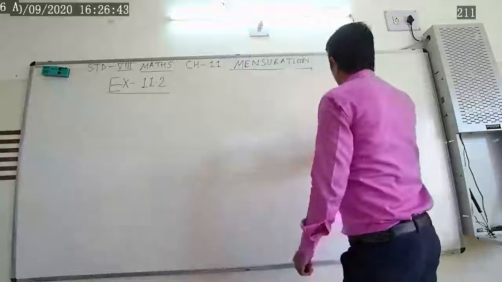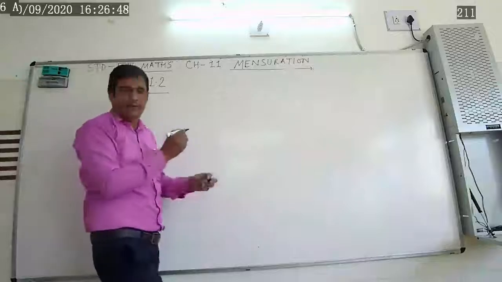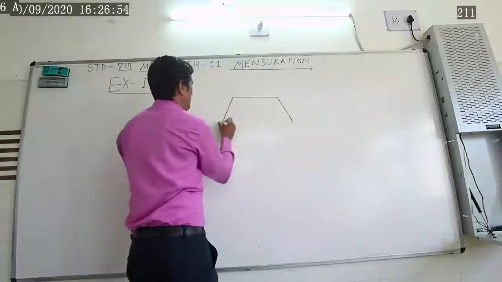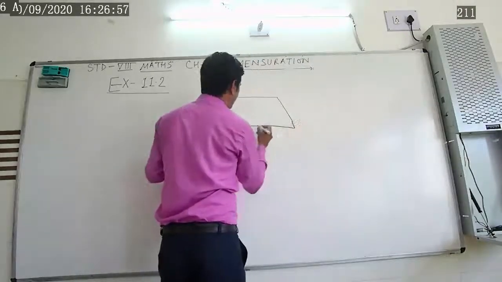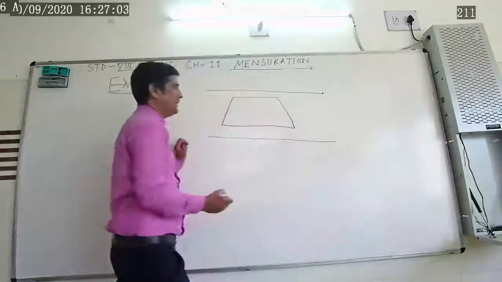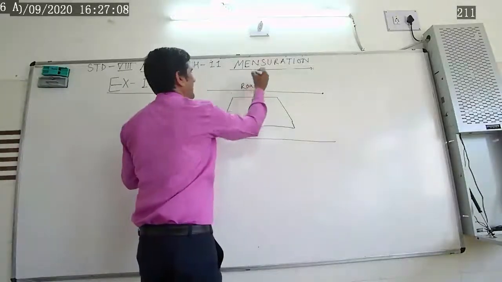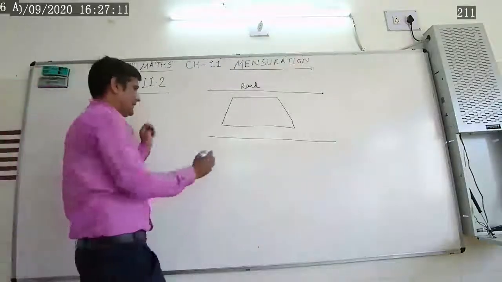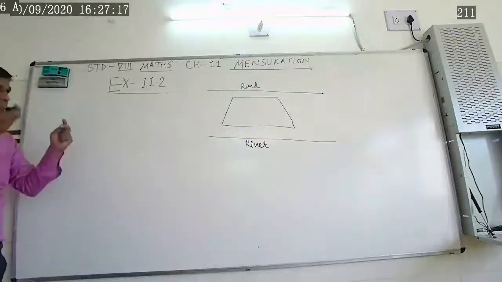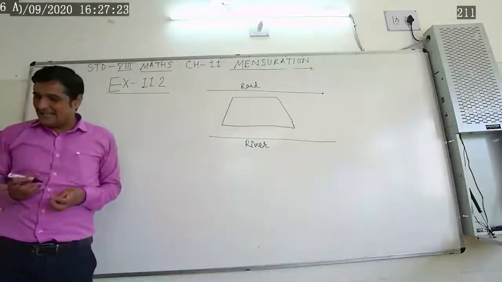One person is along the roadside as well as along the river, this way and this way. Clear? The field is lying this way. On this side a road is lying and on this side a river is lying. The trapezium shaped field has each side parallel to the road as well as the river.